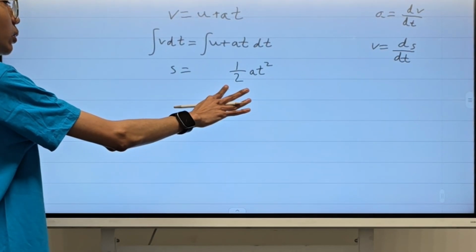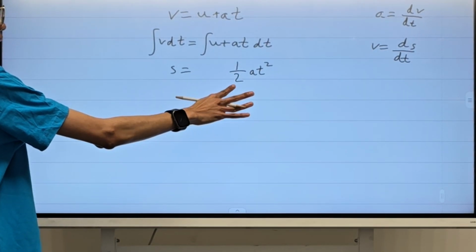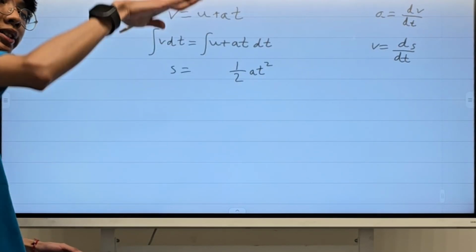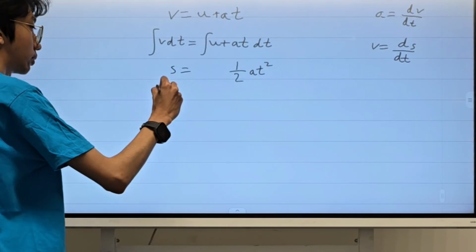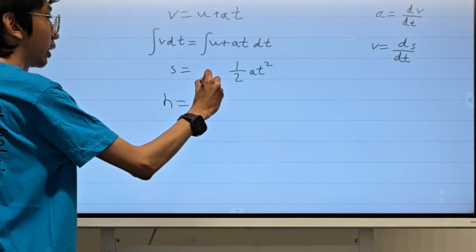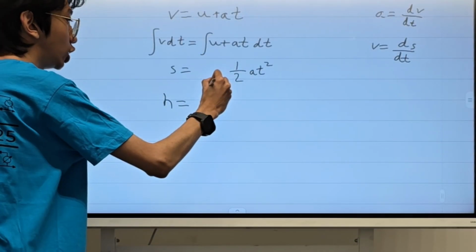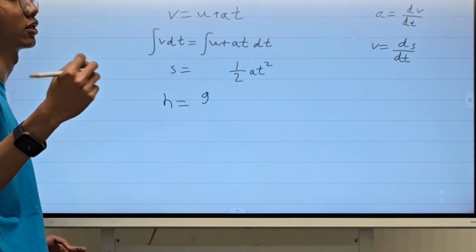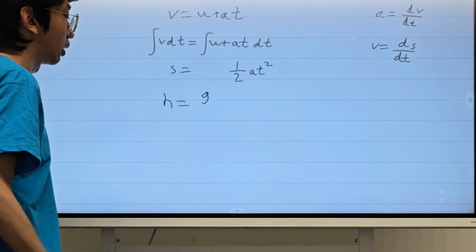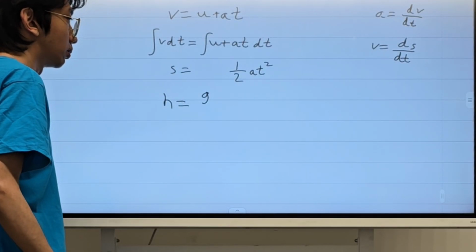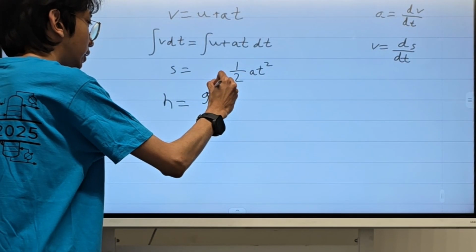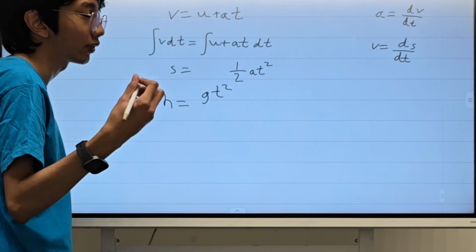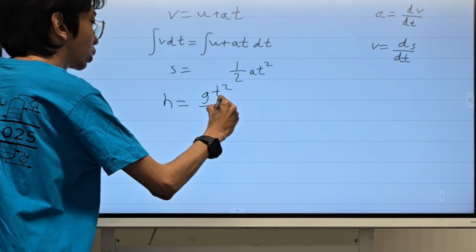Now we can put in our gravity. s is basically the distance it falls, which is going to be the height h. a is going to be g, our gravitational acceleration. Not the gravitational constant, that's a big G. And t squared is the amount of time it drops, divided by 2.